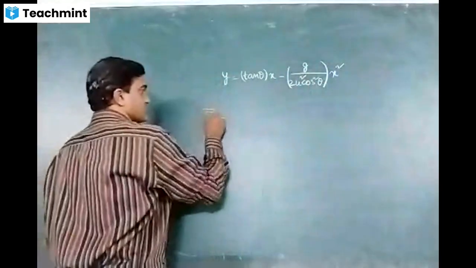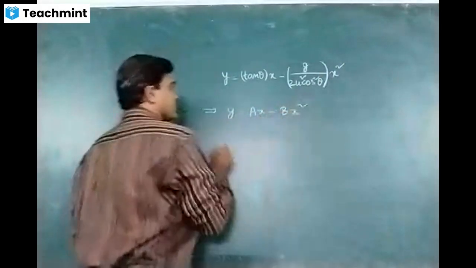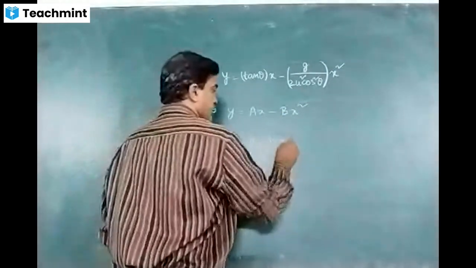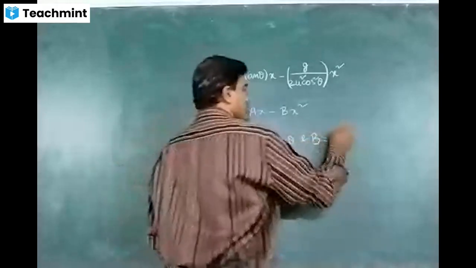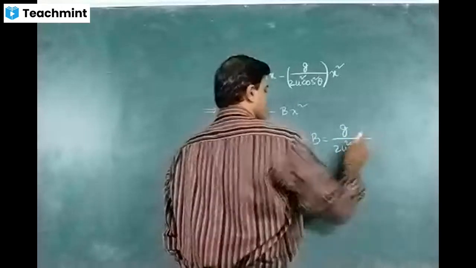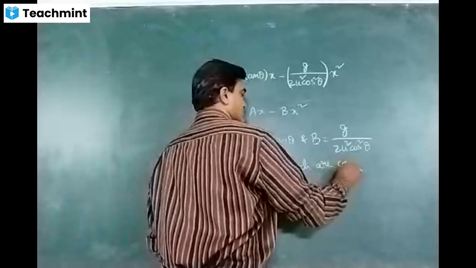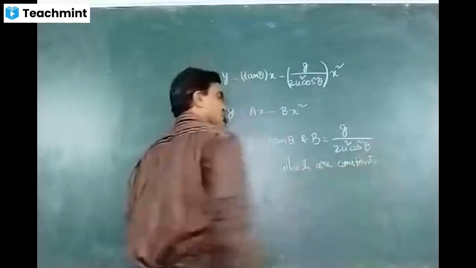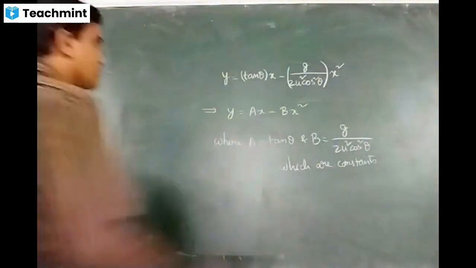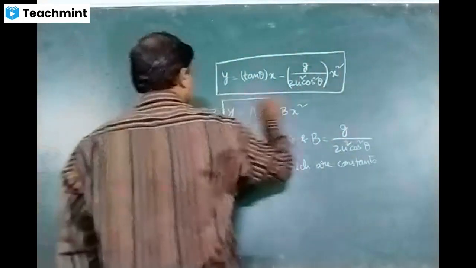This is nothing but y is equal to ax minus bx square, where a is equal to tan theta and b is equal to g upon 2u square cos square theta, which are constants. Very, very important equation.